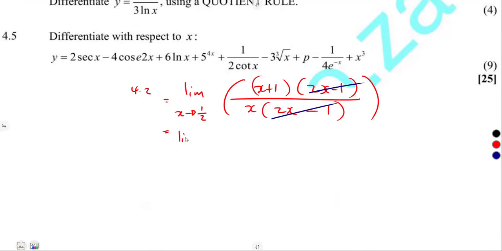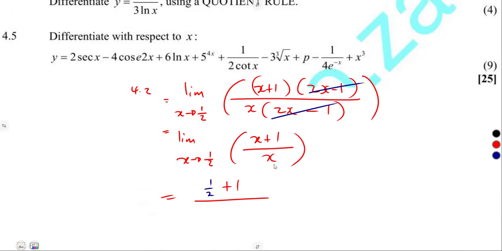This was going to be the limit as x approaches 1 over 2 of x plus 1 over x. Substitute x, which is 1 over 2, in place of x in the numerator. So that's 1 over 2 plus 1. In the denominator, x is 1 over 2.